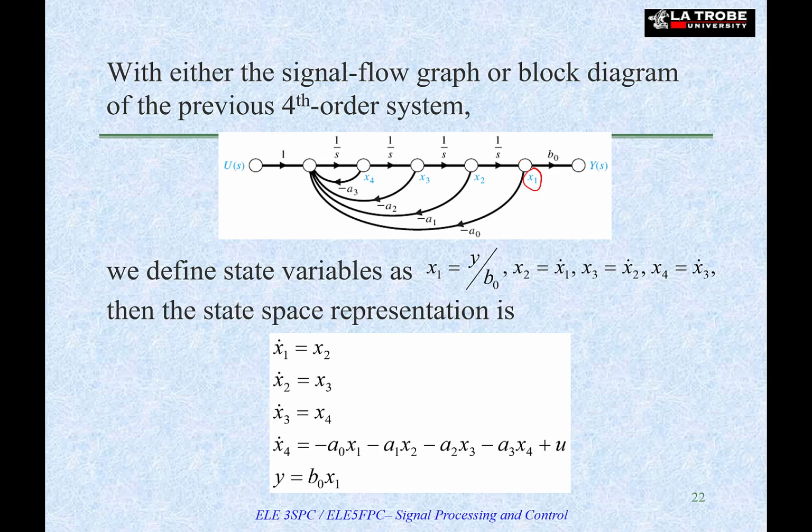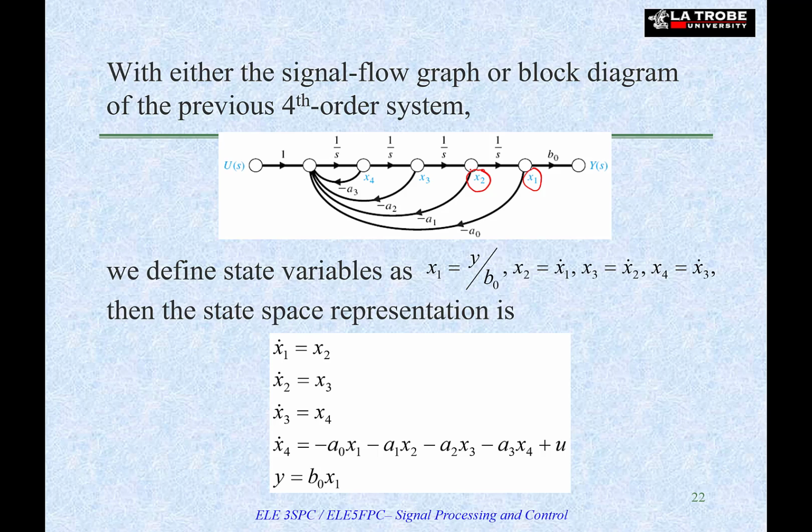Therefore, x1 should denote the output node of the rightmost integrator of this signal flow graph. Then we move to the second last integrator and we concentrate on the output node. And this output node should be denoted by x2.